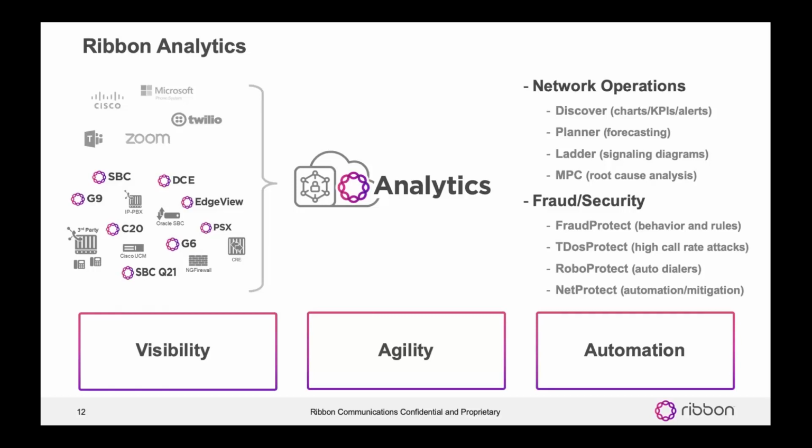That can be on the operations side, it can be on the security side, it can be in a number of application spaces, but you get this full view of getting the visibility, having the agility to move quickly as the data changes, and then automating those things on the back end. And a lot of what we're talking about today is really more focused on how we automate down to the machine learning level.